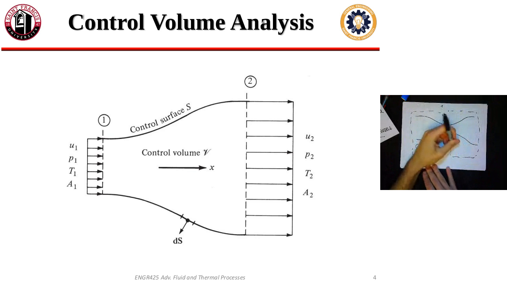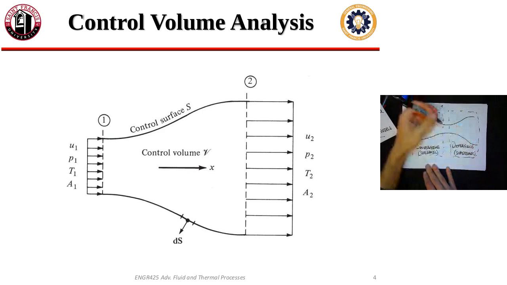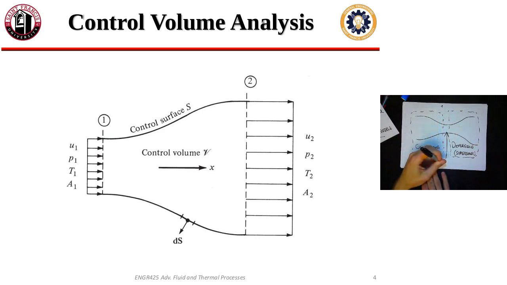This is your diverging end, usually supersonic. And this thing in the middle is called the throat, which is usually sonic. So Mach number is 1.